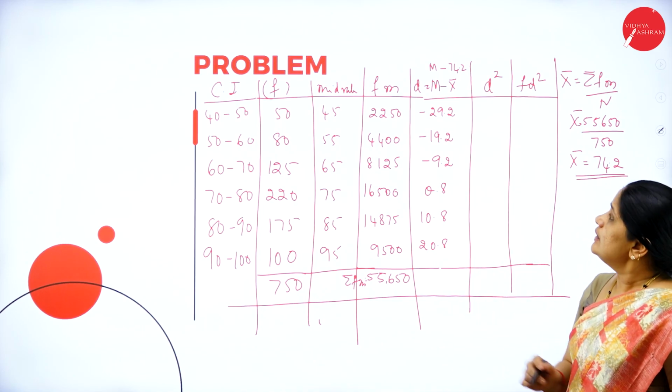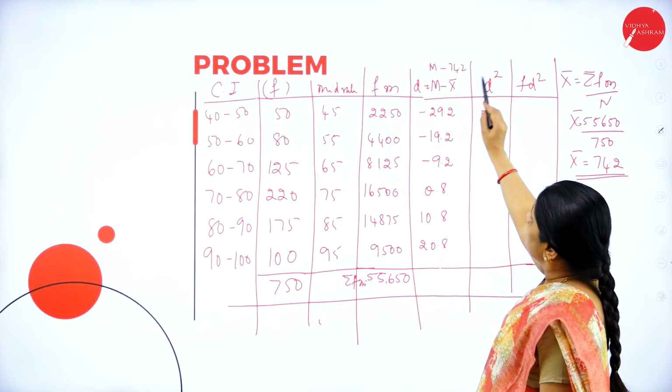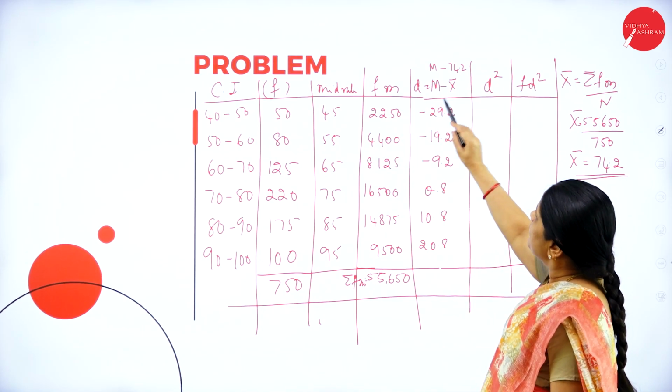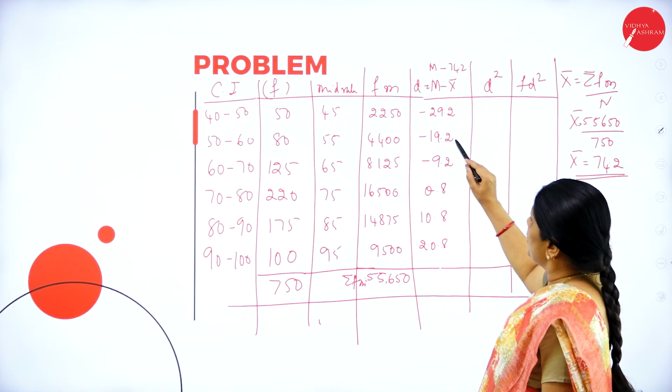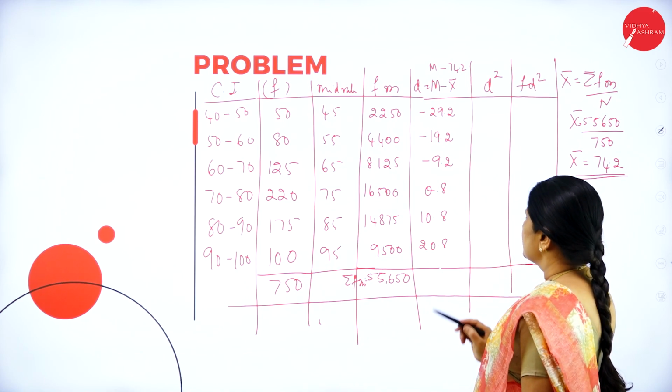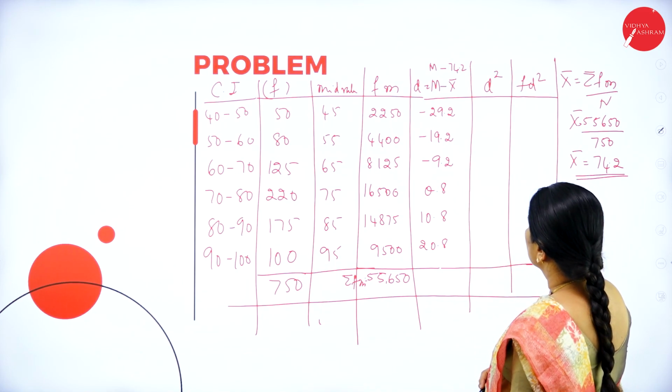So we have the x minus the mean. 45 minus 74.2 is minus 29.2. 55 minus 74.2 is minus 19.2. So in this way, I get the D column.